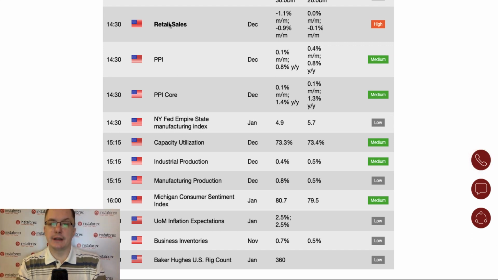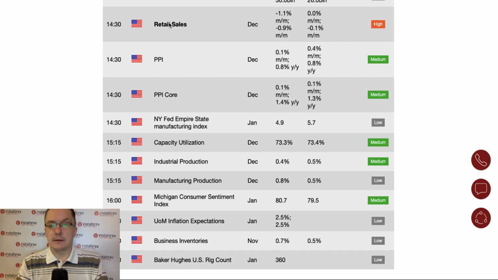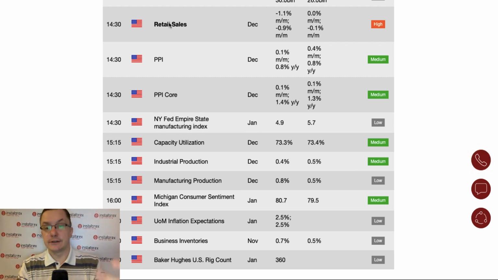Of course, if the retail sales are up, then it would mean that the sentiment of the consumers is getting better. It is accelerating, it's growing from the current pandemic situation, growing a little bit.